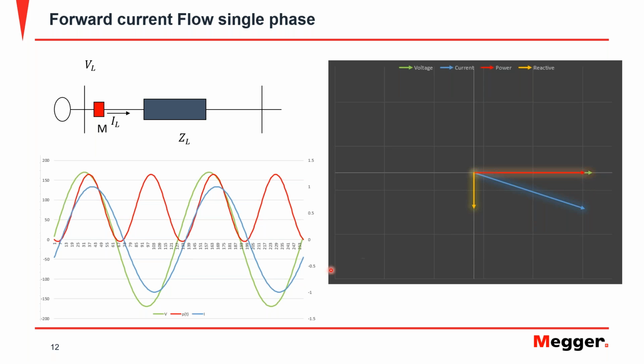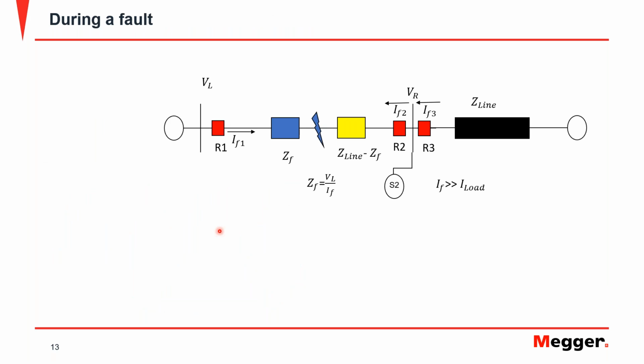Now, if we have a fault in the system, one thing that happens is that when we introduce a fault, the current that circulates is mostly connected to the fault, given that when we have a fault in the system, it is often the case that the fault current is much greater than the load current.